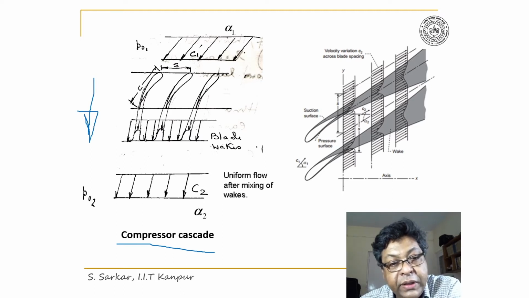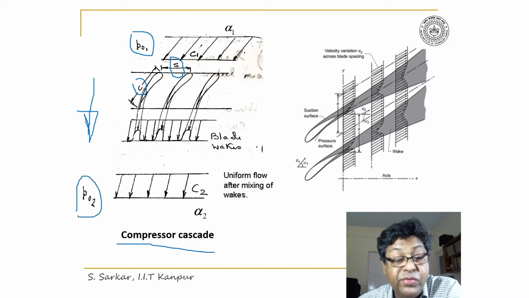I have indicated here S be the pitch of the cascade and C is the chord. P01 is the total pressure at inlet and P02 be the total pressure at far downstream of cascade.